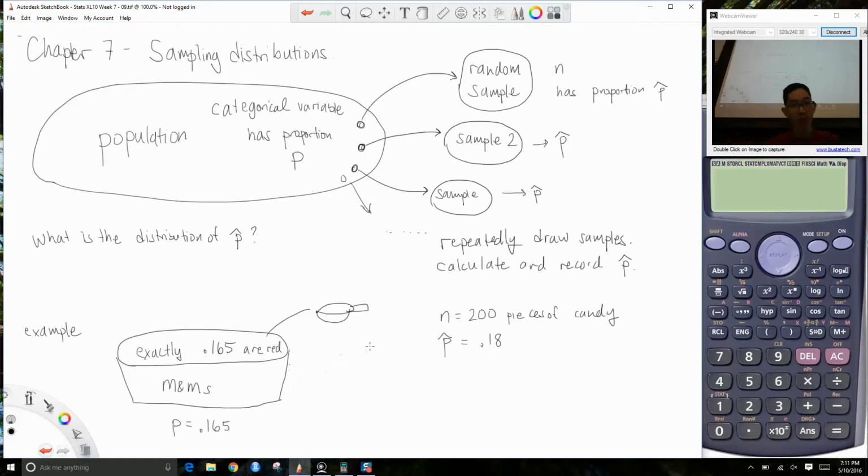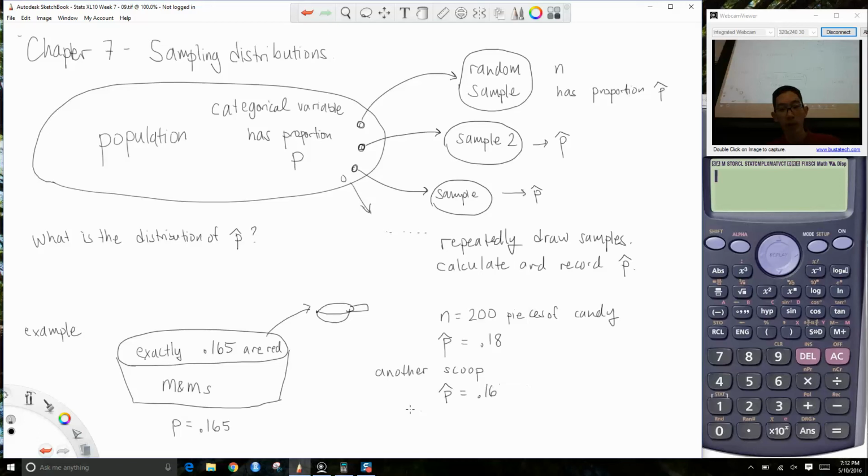Here I took out one scoop and I got a proportion equal to 0.18. We'll say another scoop of 200 candies, maybe I get a proportion of 0.16.